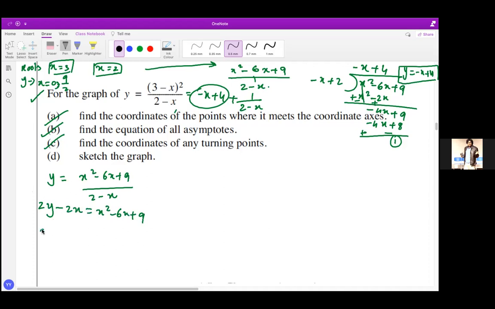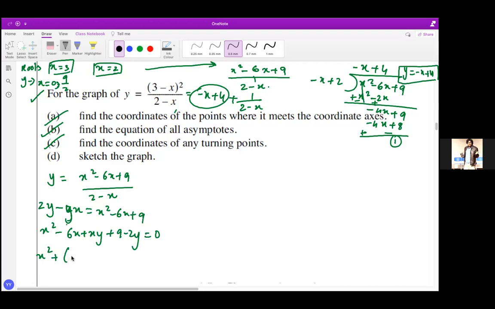Sorry, it is 2y minus xy, not 2y minus 2x. Bringing everything to one side, the x terms will become x squared minus 6x plus xy, and plus 9 minus 2y equals 0.